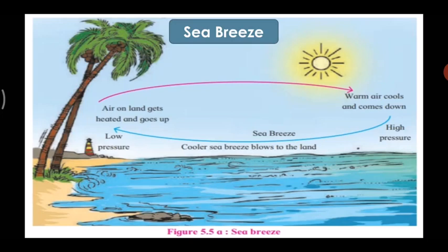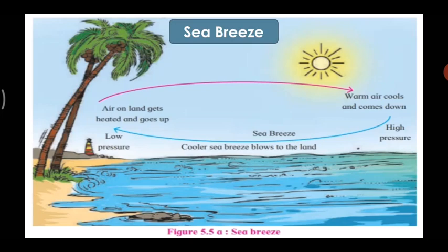Then what will happen? Air on the land will get heated up and it will go upwards. This warm air will cool down and come down. Can you see the pink arrow? So again, high pressure and low pressure will develop.